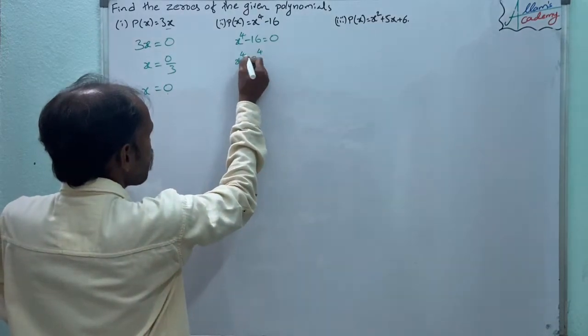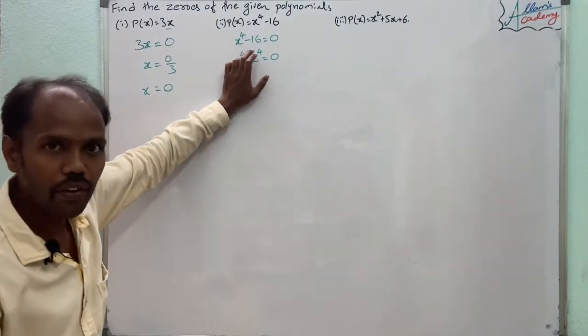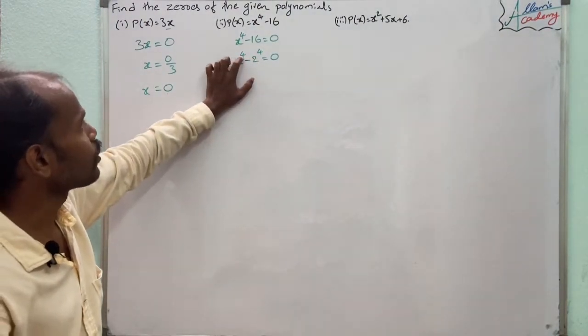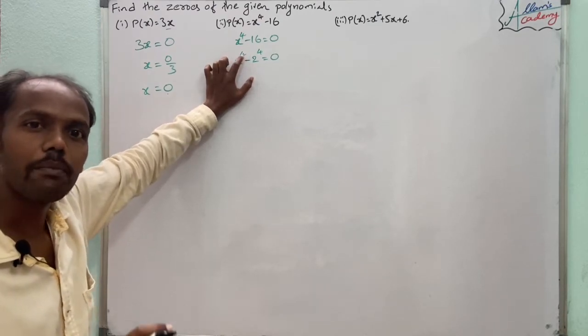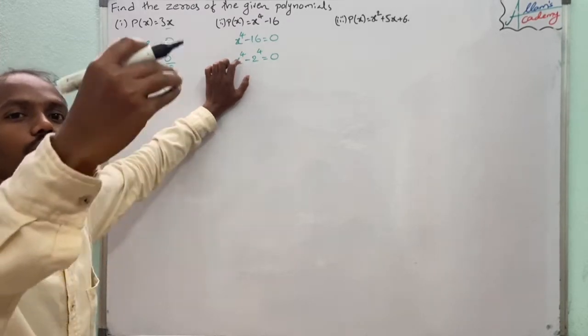So x power 4 minus 2 power 4 equals 0. Since we have no direct principle for power 4, we use a power m into n, that means a power m whole power n.